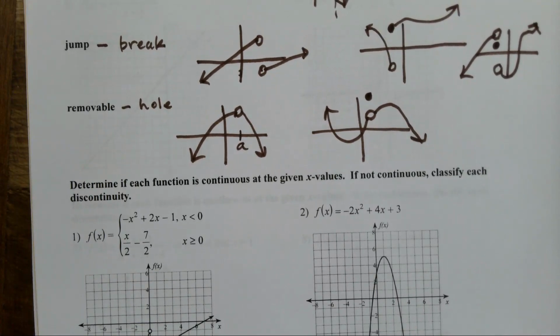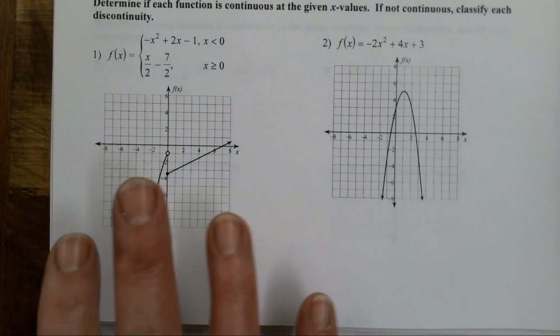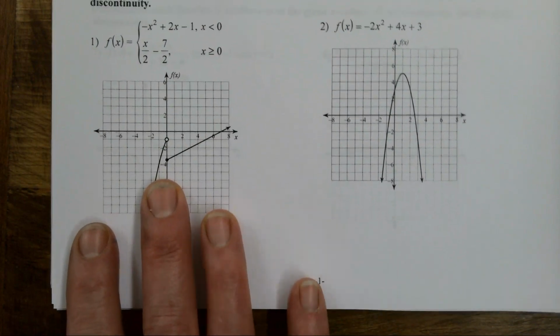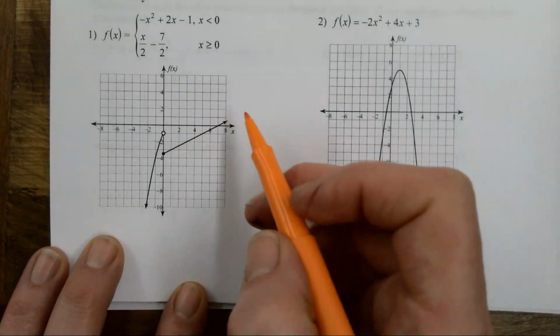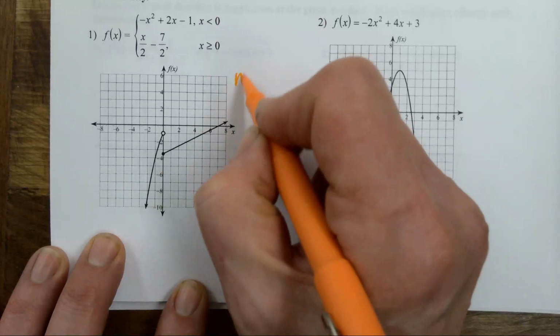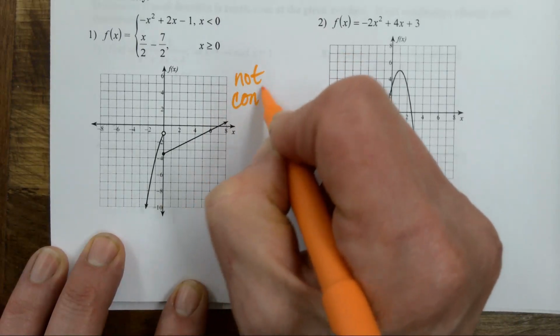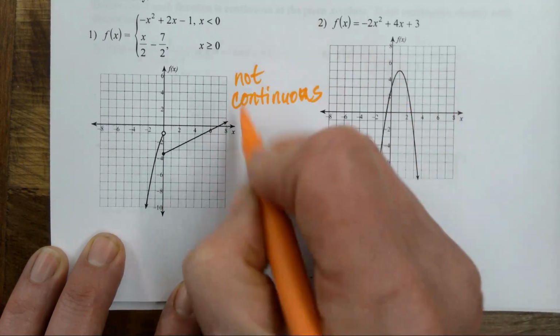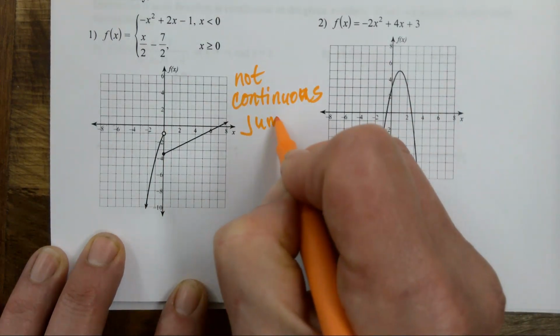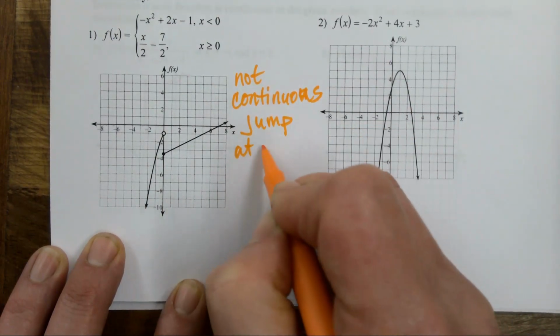So, is this graph number 1 continuous? No. Why not? There is a jump or a break. Not continuous. There is a jump at x equals 0.